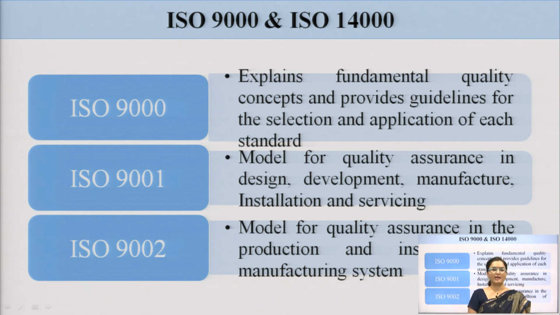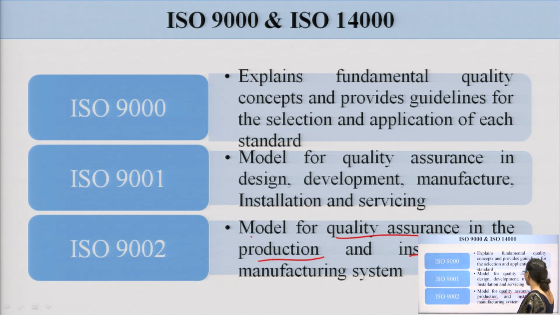ISO 9001 is a model for quality assurance in design, development, manufacture, installation and servicing. Next is ISO 9002. This is a model for quality assurance in the production and installation of manufacturing systems.